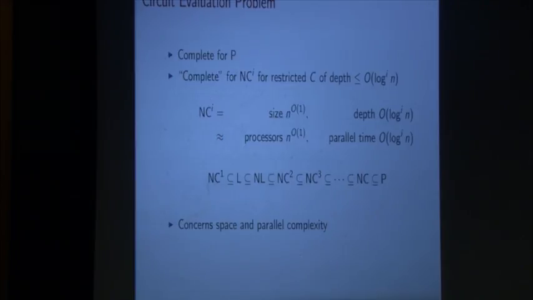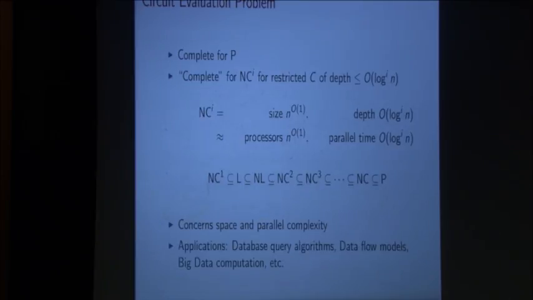And if you suitably interpret circuit evaluation, it will have applications to database query algorithms, other models of computation, data flow models, or it concerns also, for example, big data computation. These complexity classes have relations to big data computation.